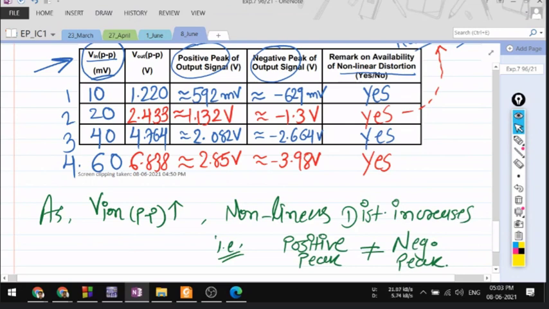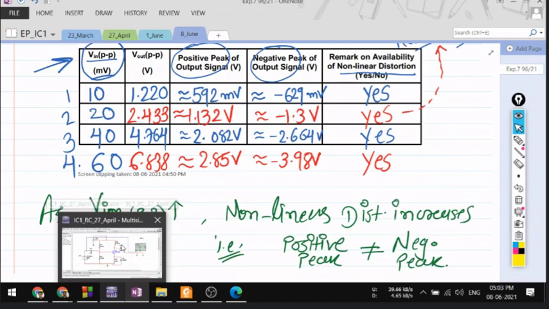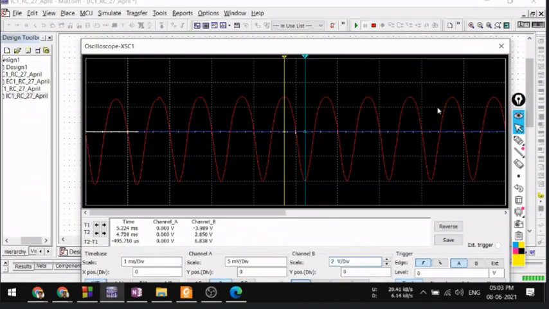Okay, so now how to avoid this distortion, student? Here you can see that in a positive cycle you are getting lesser height, and in the negative cycle you are getting higher height.